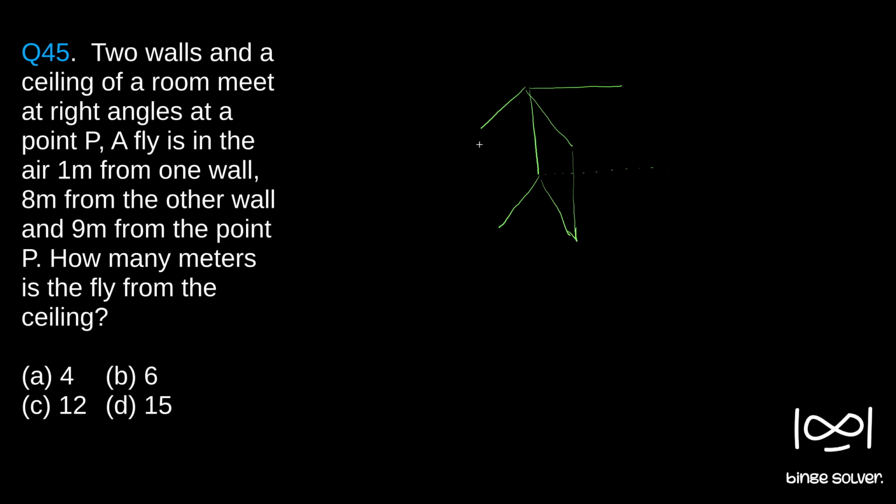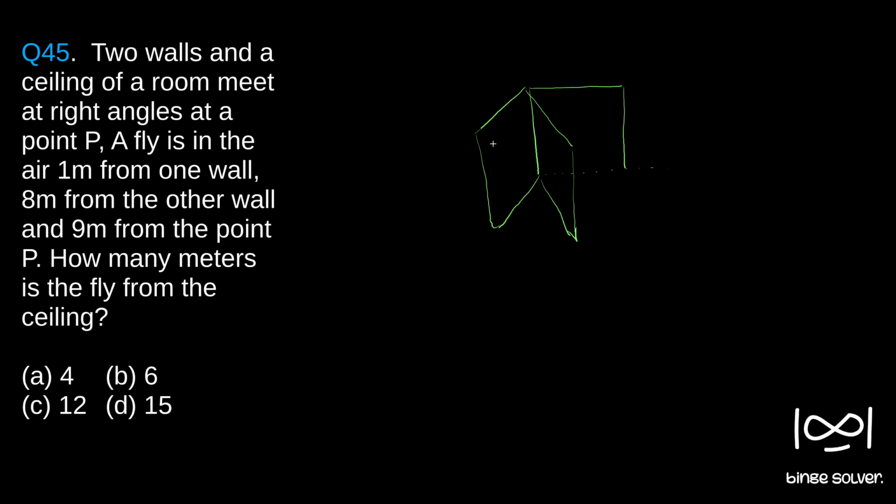This is wall 1. This is wall 2. Again, you can see this area. This is the ceiling. So this is a 3D figure. So I will remove this part, but just remember this is the ceiling and these are the walls. So I'll just remove that drawing. We don't need that ceiling.